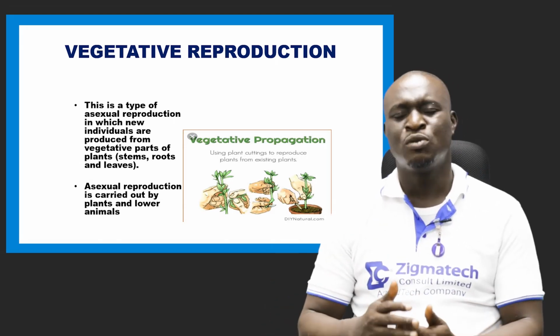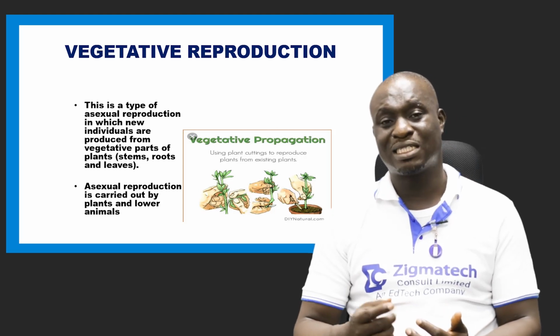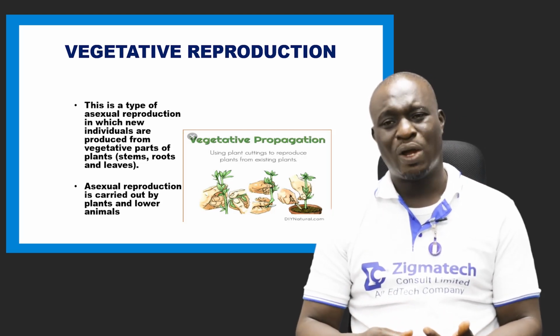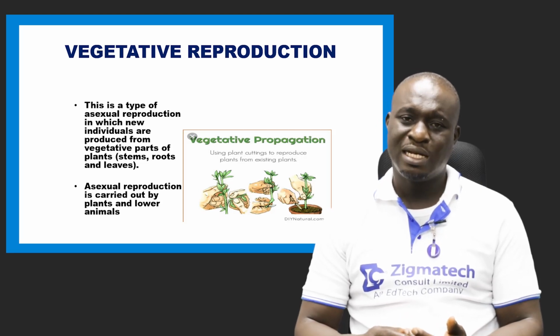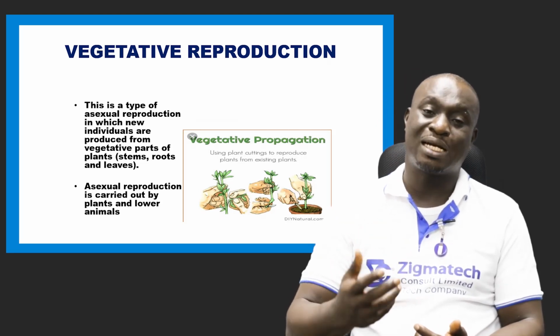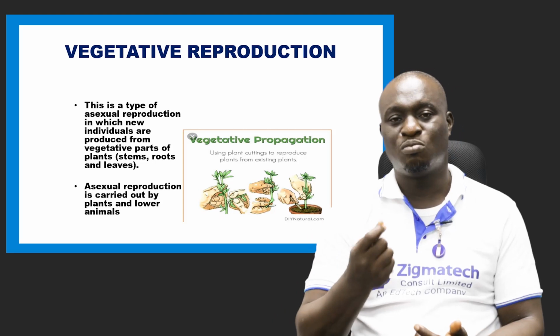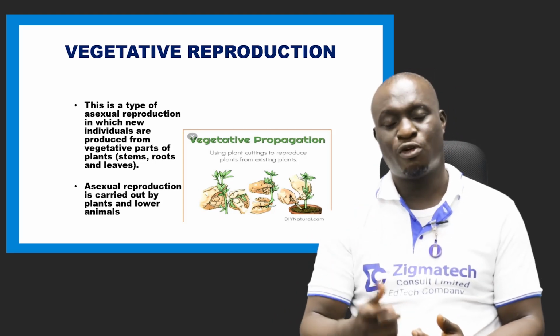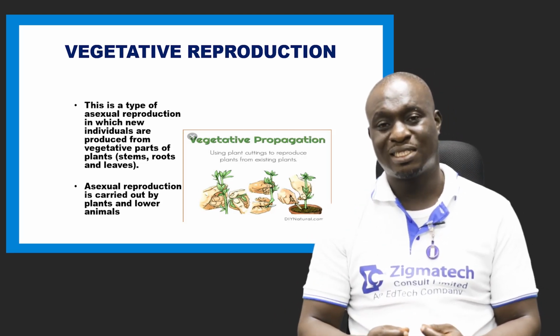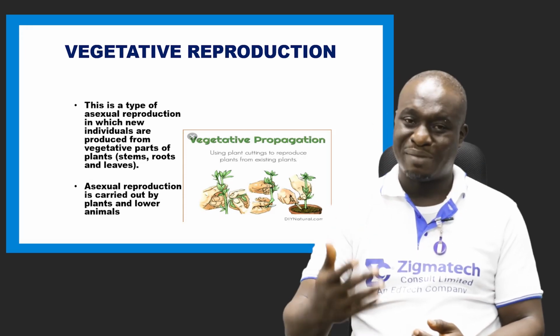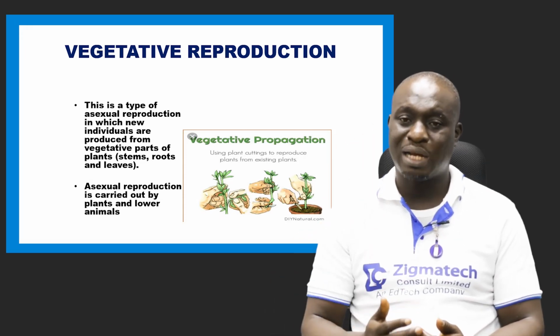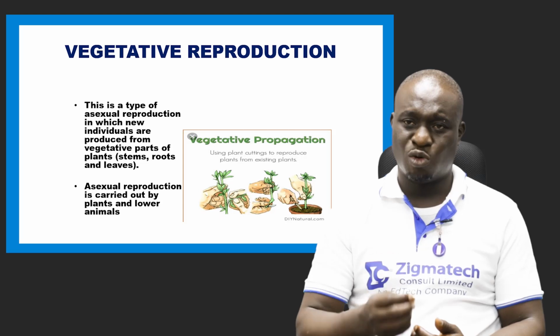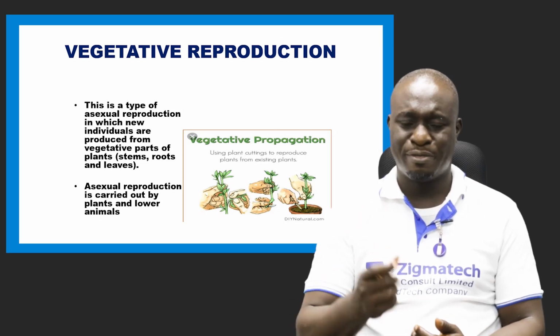These vegetative parts are things like the stem, the roots, and the leaves. There are some new organisms that can be gotten from just planting the stem. For instance, we have the cassava stem, which when planted germinates into a new plant. So these are what we call vegetative reproduction.